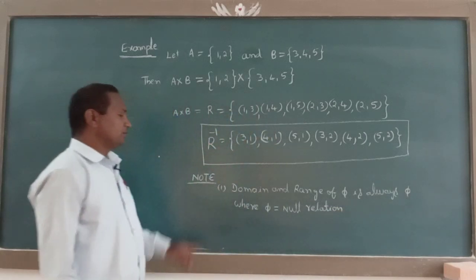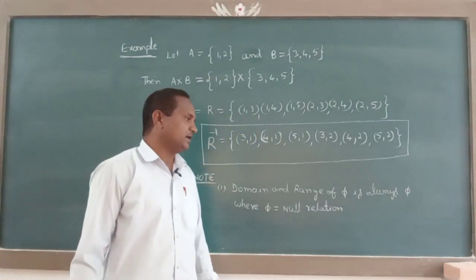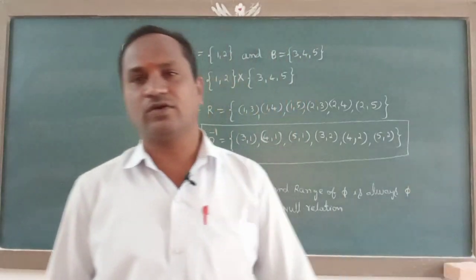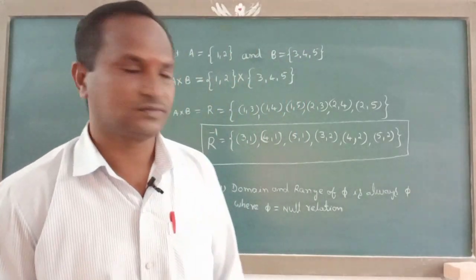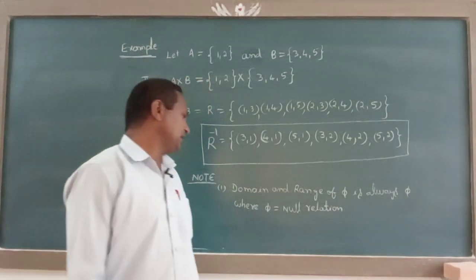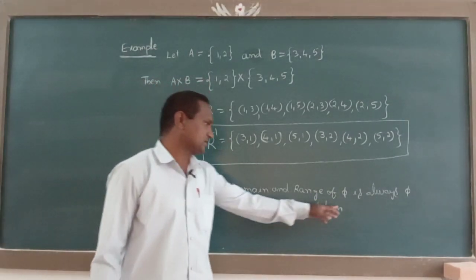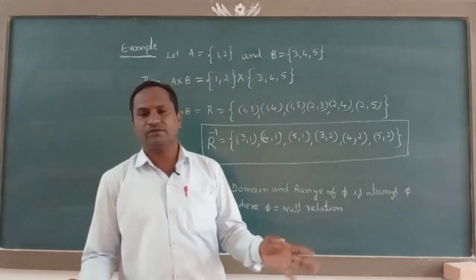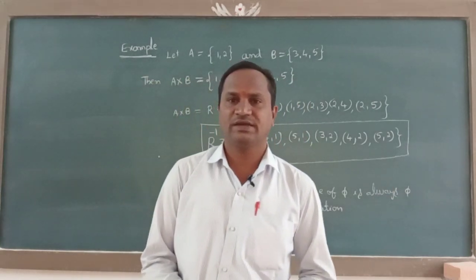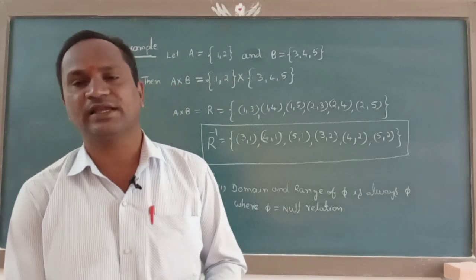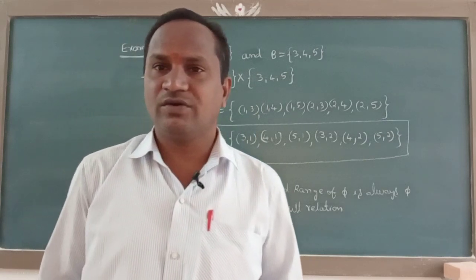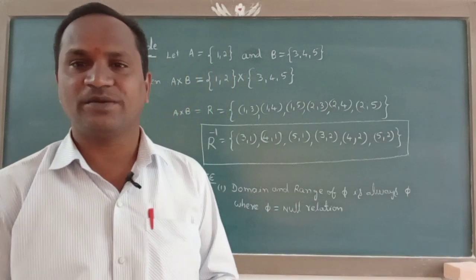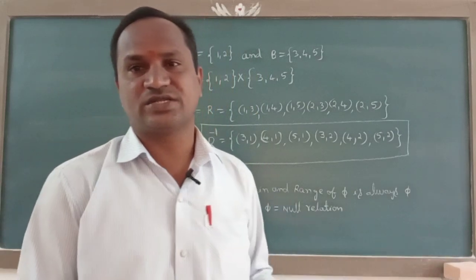Domain and range of null relation is always null set only. Empty means we are not getting any element. Whenever a relation is null, we are not getting any elements, so we do not get domain and range either. That is one of the important points under the notes.